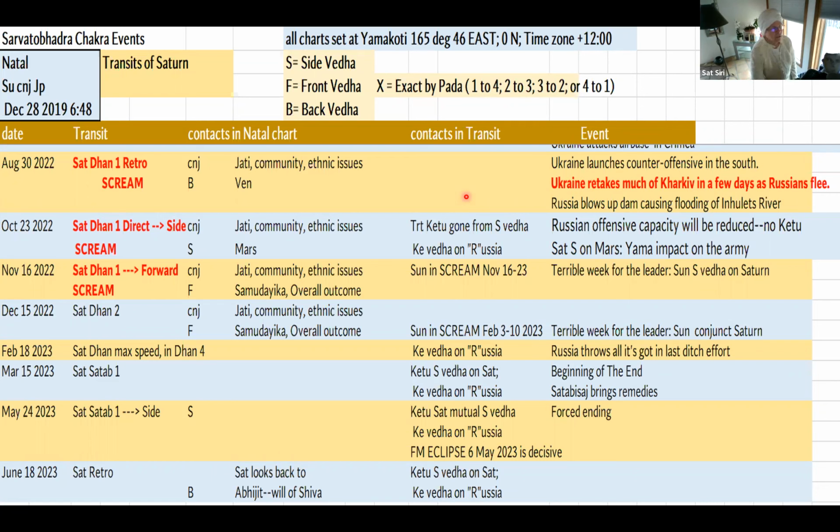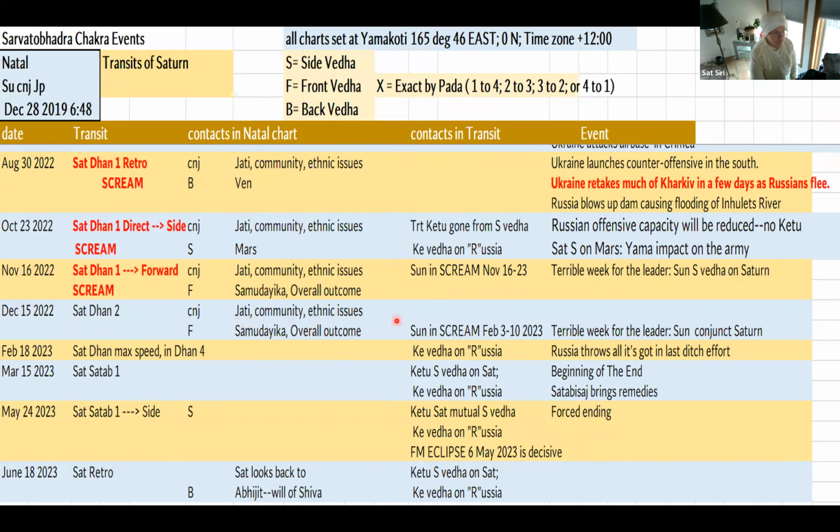So what will happen in the future, Saturn will turn direct in the screen, Dhanishta, on October 23rd. And so what we can expect from there is Russia's offensive capacity will be even more reduced, and K2 will no longer be supporting it. Transit K2 will have moved on out of the side Veda. And so that means the army is lacking what it had before.